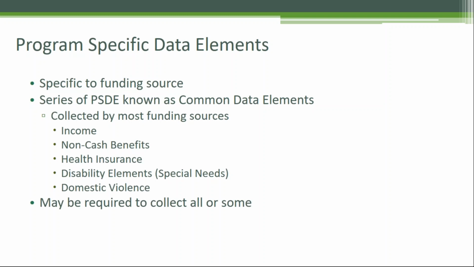Your program may be required to collect all of these program-specific data elements, or you only may be required to collect some of them. For our runaway homeless youth projects, PATH projects, SSVF projects, and HOPWA projects, in addition to these common data elements, there are additional data elements specific to those funding types that are required to be collected.